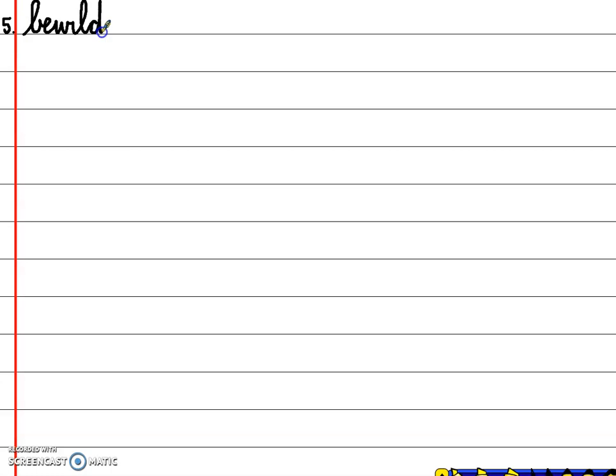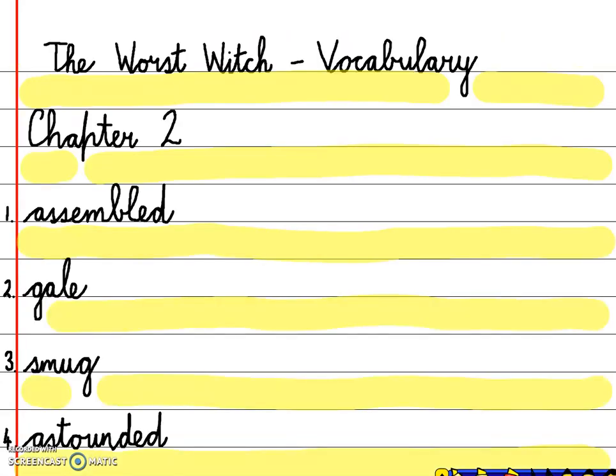D-E or E-D. Bewildered. Don't forget to dot your I. And to be bewildered by something is to be really confused or puzzled by it. And it's usually used in the context of someone being exhausted trying to figure something out, or just completely bewildered with something. If something was really tricky, you would be bewildered with it or by it.